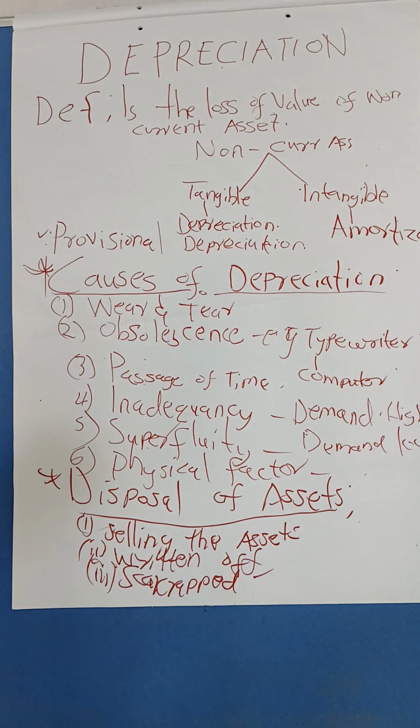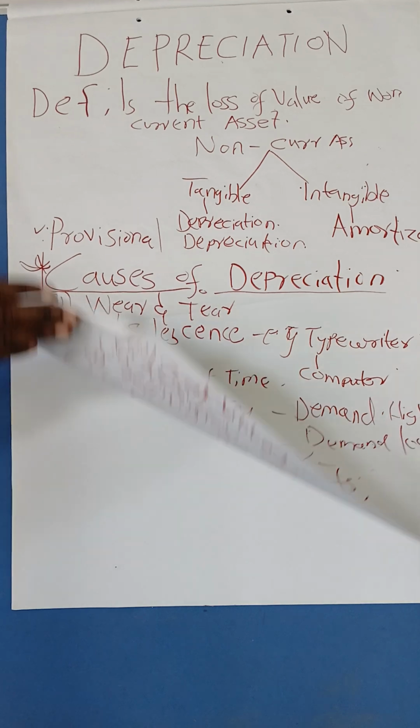Good. So let's now go directly to the topic that I want you to pay more attention to. We want to look at the factors to consider when calculating depreciation. Factors that you have to consider at all times when we are calculating depreciation. I know at the end of this session you are going to calculate depreciation of any non-current asset you currently have in your organization, or at the personal level. So what are the factors we are going to consider?